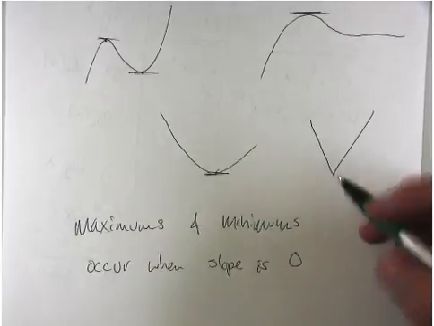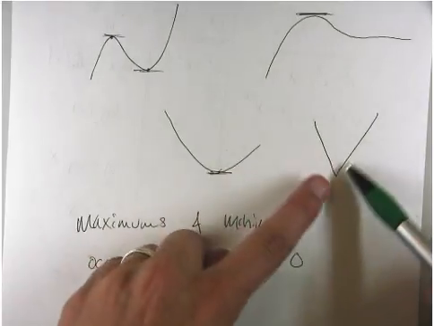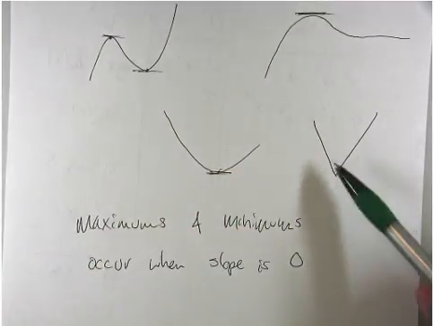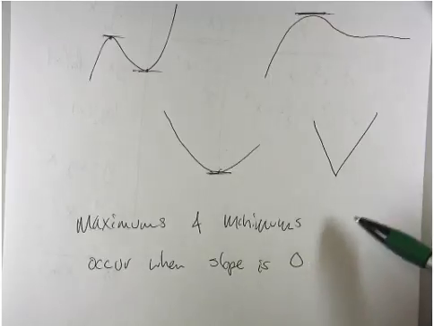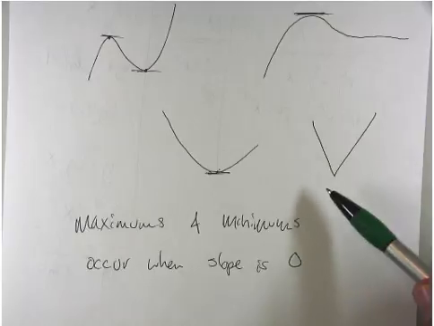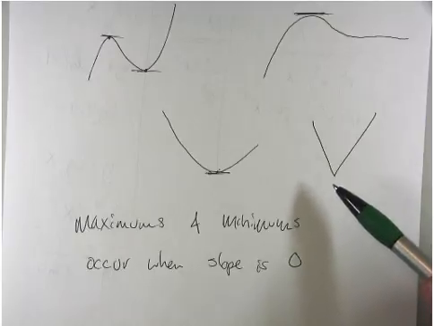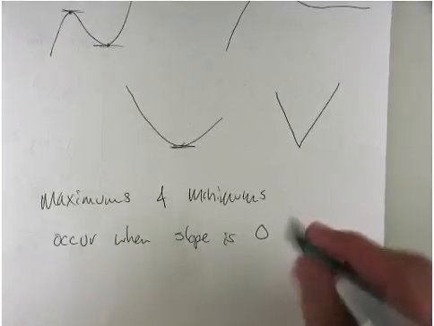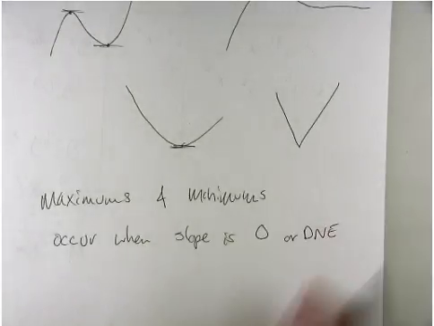So here, at the meeting point where the two come together, there's not a fixed slope. These quick changes in direction mean that the derivative doesn't exist. This is something that we talked about on the first test, differentiability. So maximums and minimums occur when the slope is 0 or does not exist.